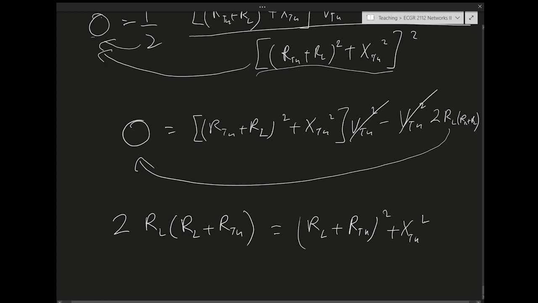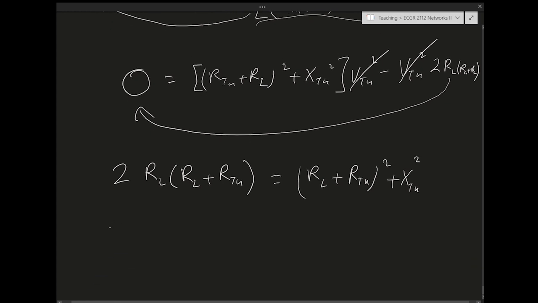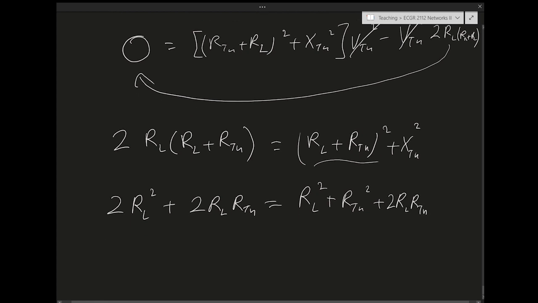Let me expand everything on the right and on the left. So I end up with 2RL squared plus 2RL R Thevenin equals, let me expand this, RL squared plus R Thevenin squared plus 2RL R Thevenin plus X Thevenin squared.